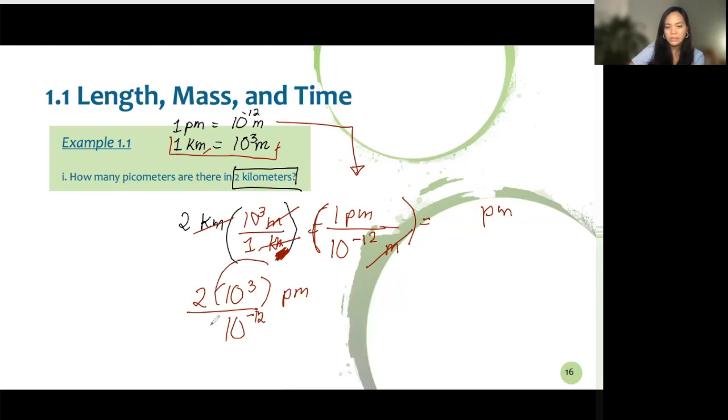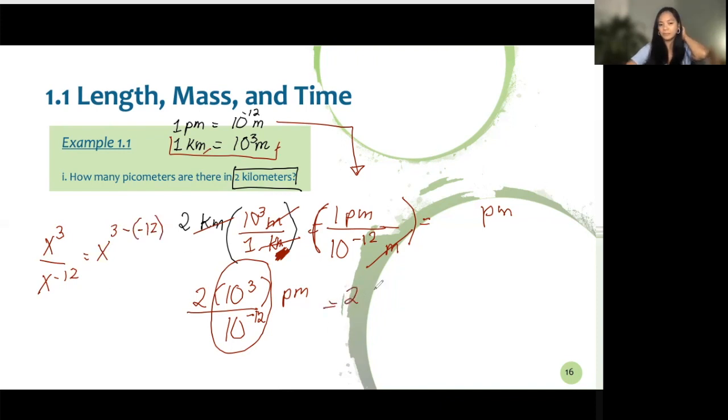Guys, what is this? If you still remember your algebra, if I have x cubed divided by x to the negative 12, that means x to the 3 minus negative 12. What is our answer, guys? 10 to the what? 10 to the 15.